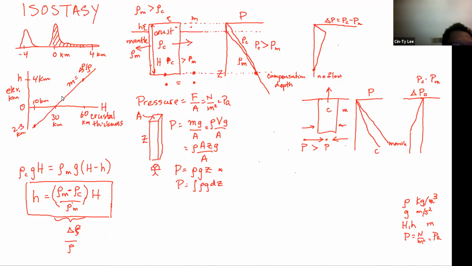Now, we do see some deviations from this at times, and we'll talk about that more, but that could be related to temperature effects that cause thermal expansion or contraction that change the density of the mantle or the crust.